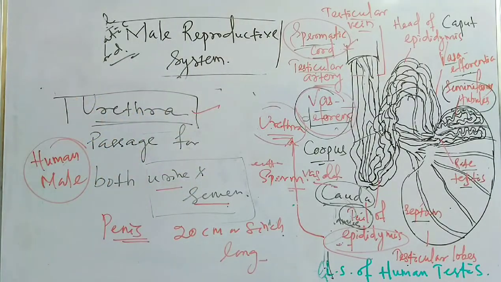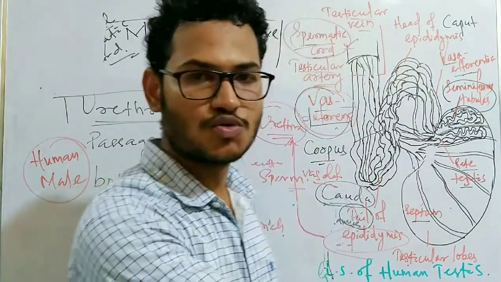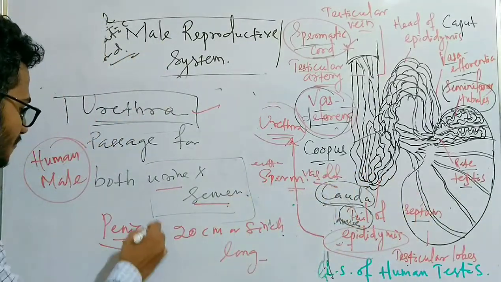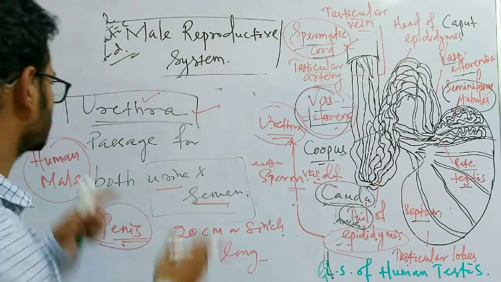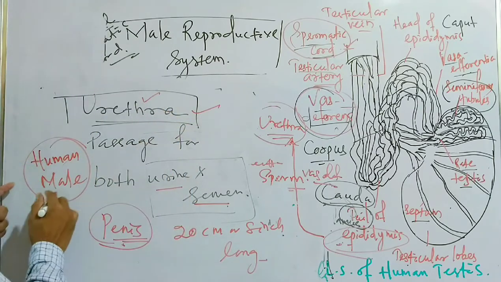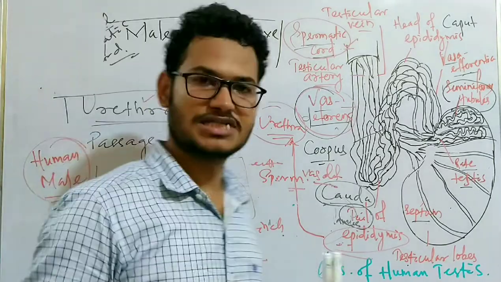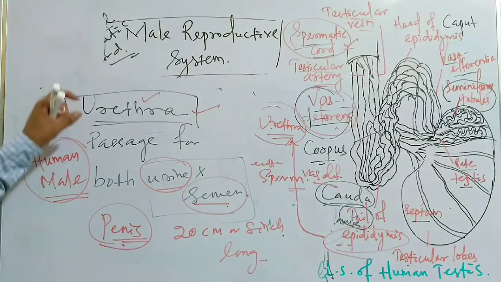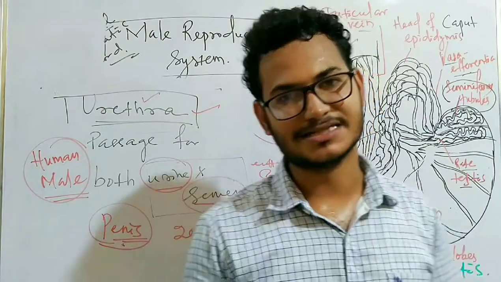This is the last part through which the sperm will come out of our body, through the opening of the penis, and this tube is called the urethra. So it is a common passage for both urine and semen.